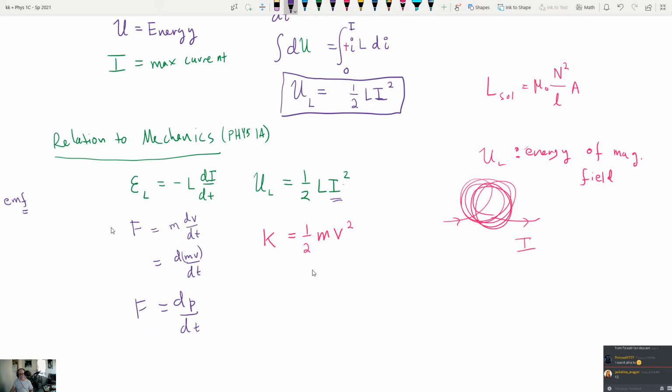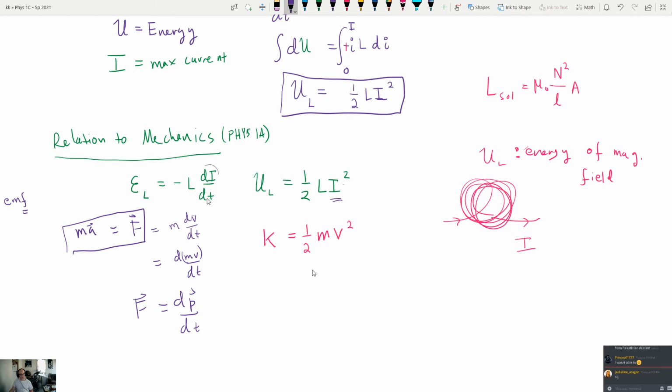Or, another way to do it, what's dv dt? What's the time rate of change of velocity? Acceleration. So you can either say that this is F equals ma, or you can say it's F equals dp dt. Doesn't matter. And I mean, think about it. That's what di dt is, right?